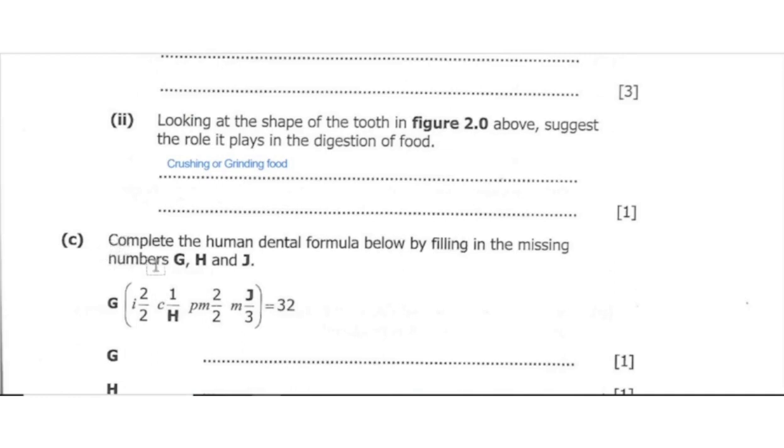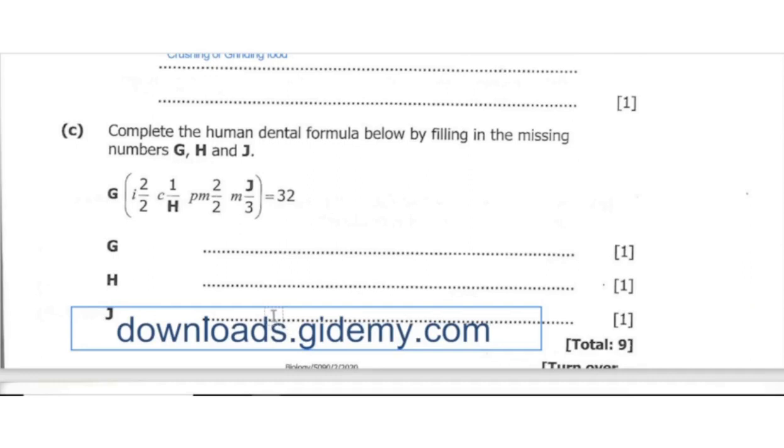Question 2C. Complete the human dental formula below by filling in the missing numbers G, H, J. Okay, and this is before you even put the answers, because we need to identify this is the dental formula of a full-grown person. So what is G?